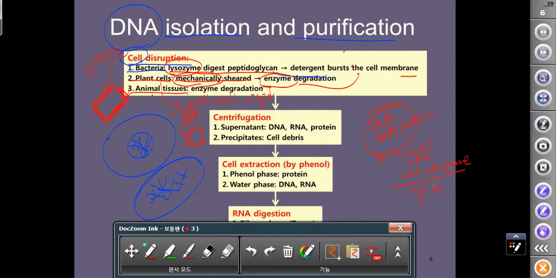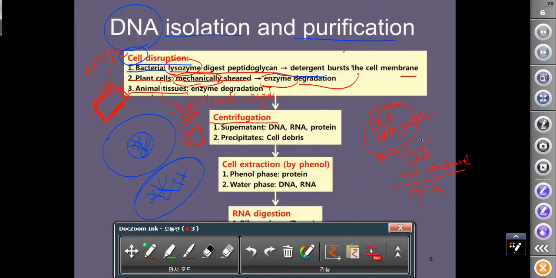Okay, so now you have to separate them. You cannot just carry this all along, all together. No, you have to separate them. How? Of course, we have to do centrifugation. After centrifugation, you can separate them.